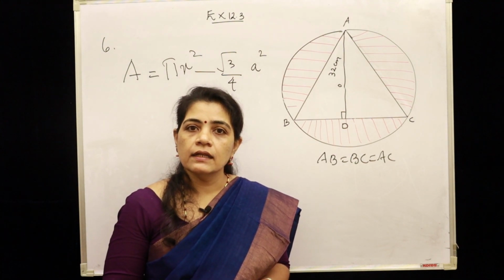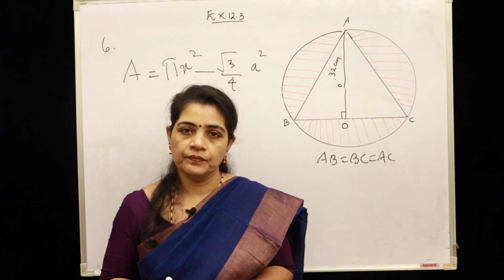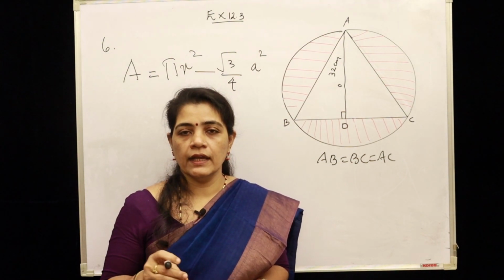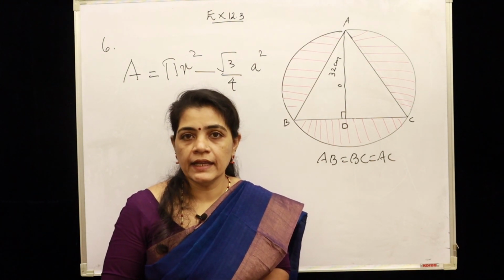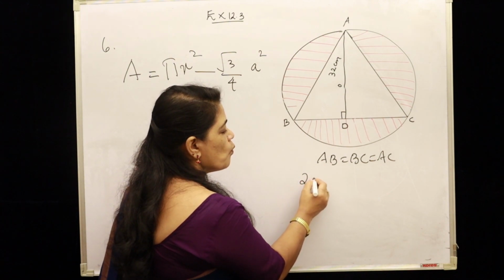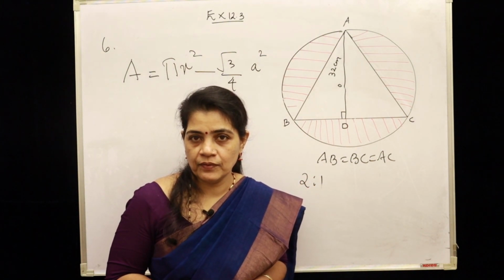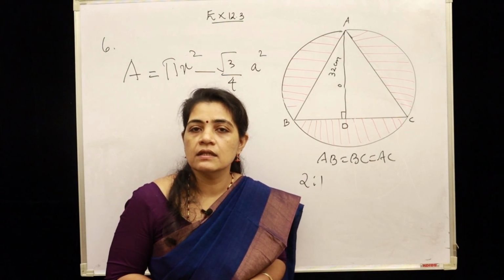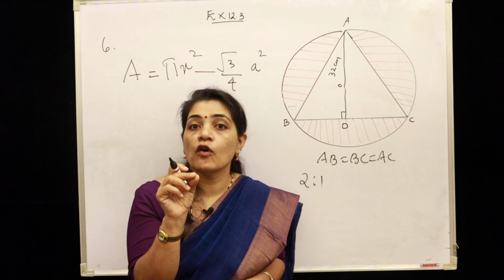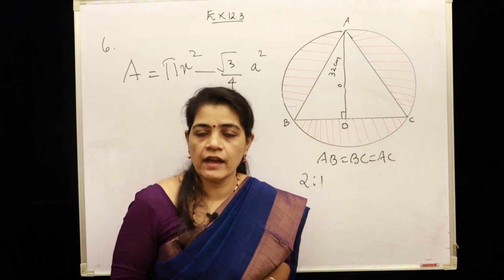Here we are going to apply a very important result: the centroid divides the median in the ratio 2:1. The centroid is the common point, the meeting point of all three medians of a triangle.